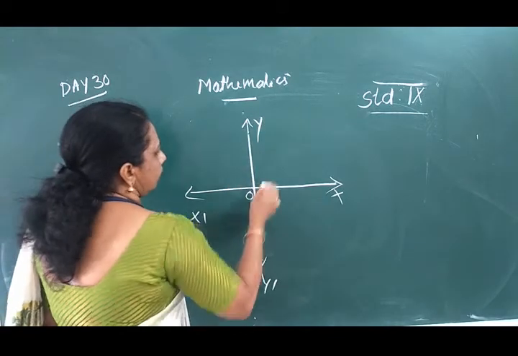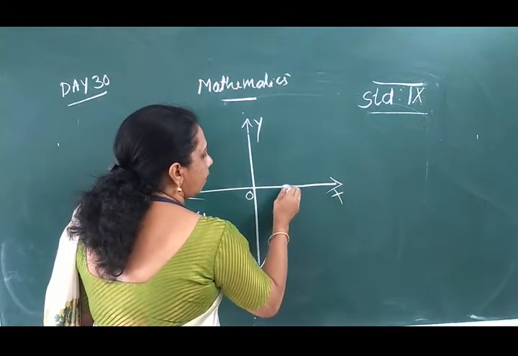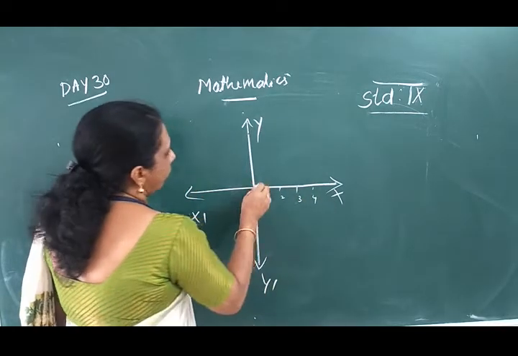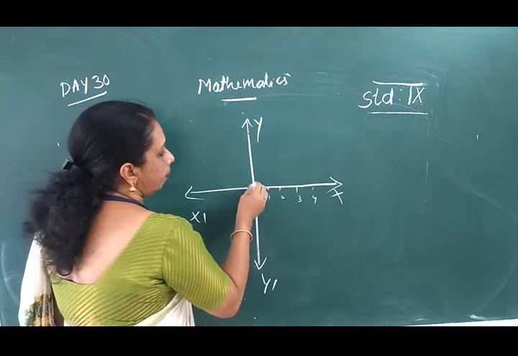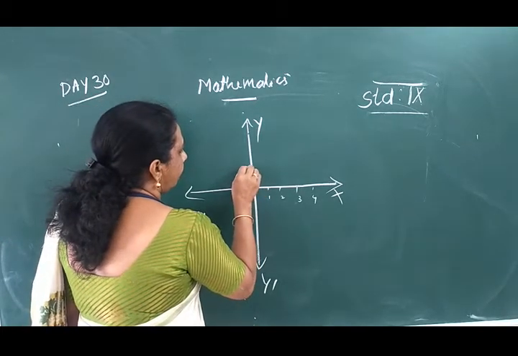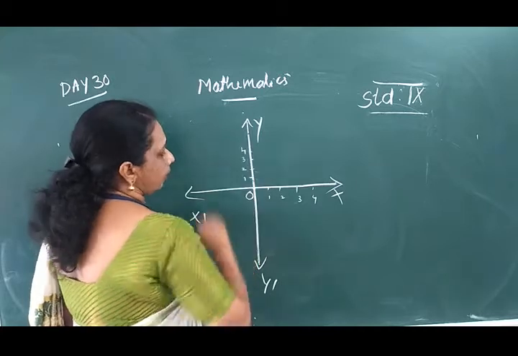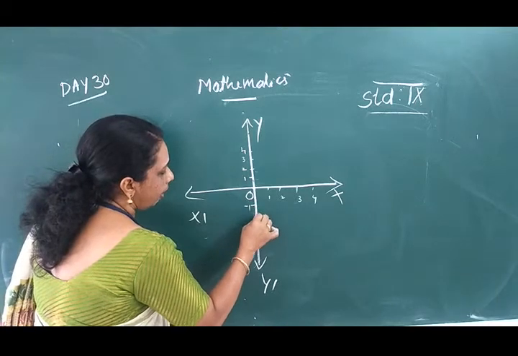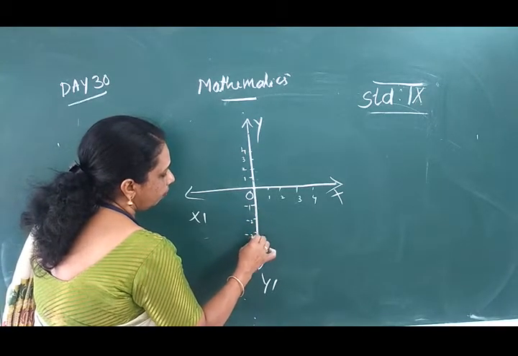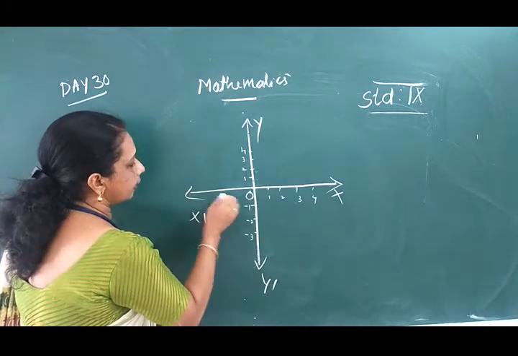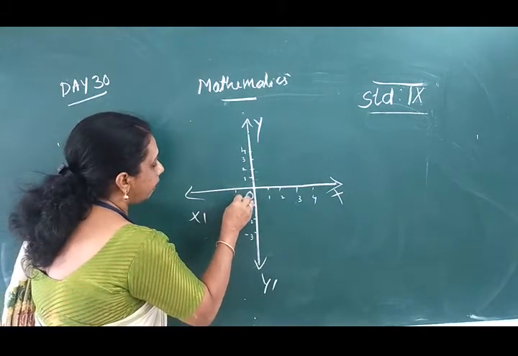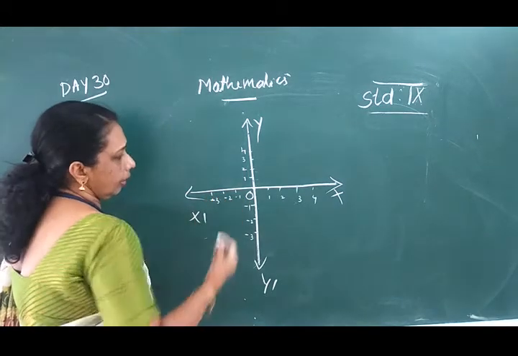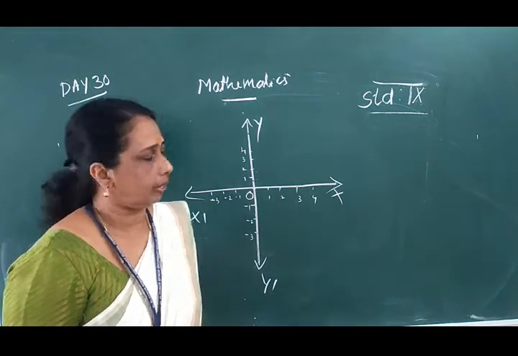Here, OX is a positive axis because we represent 1, 2, 3, 4, and OY is also a positive axis because plus 1, plus 2, plus 3, plus 4, etc. OY dash is a negative axis because we represent -1, -2, -3, etc., and OX dash is also a negative axis, that is -1, -2, -3, etc. That we already explained in the previous class.